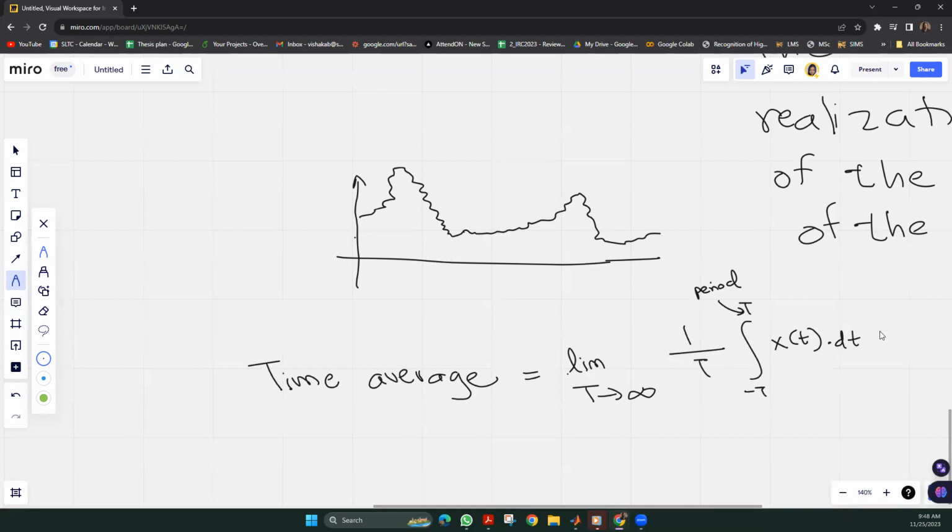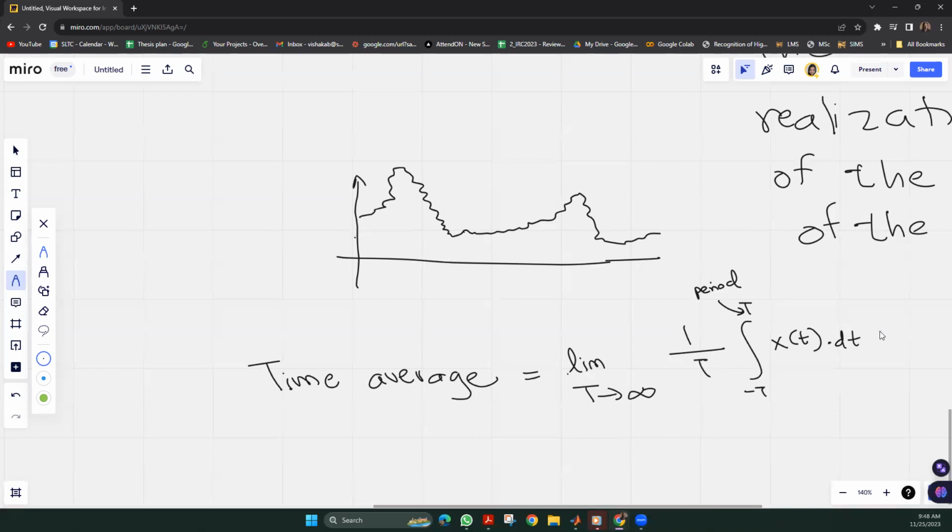then in order for me to find the time average, I need to take this integral where I take all the values of the signal amplitudes and average it over the total number of instances that I considered.